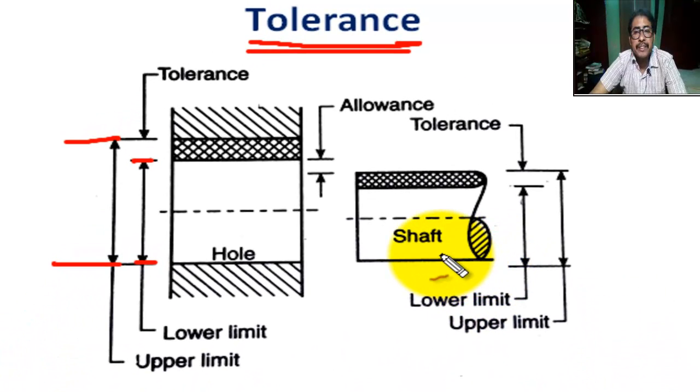For shaft, this is the upper limit. For shaft, this is the lower limit. Difference between upper limit and lower limit is called tolerance.